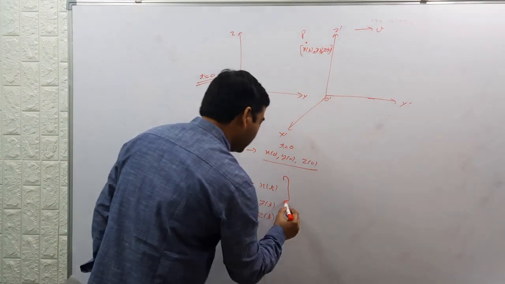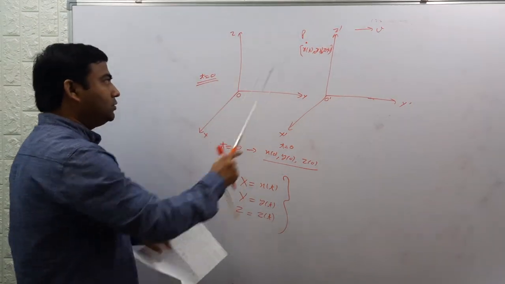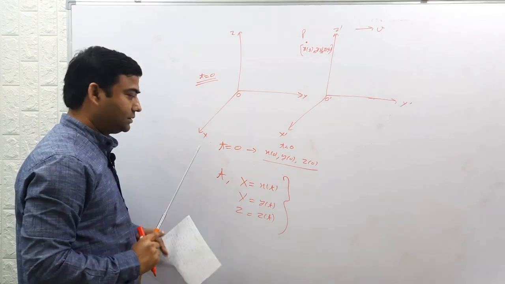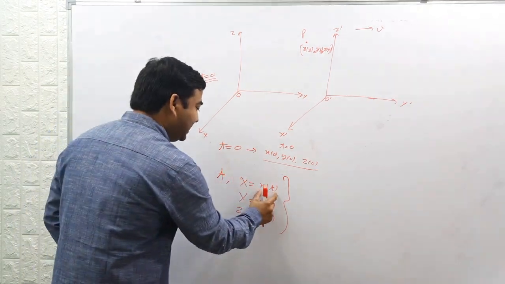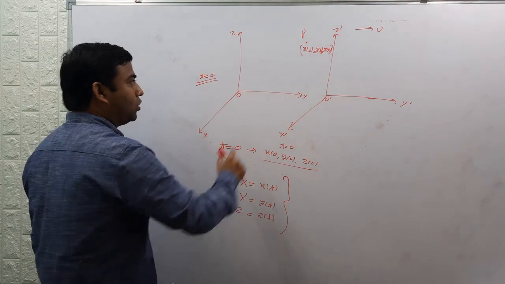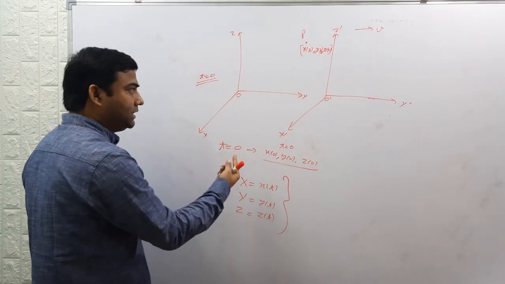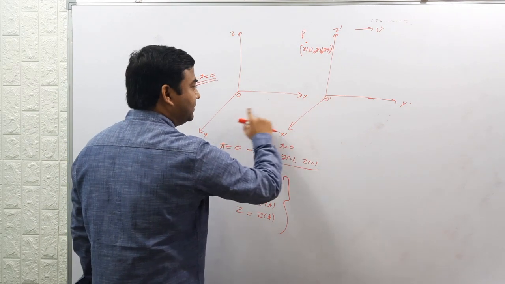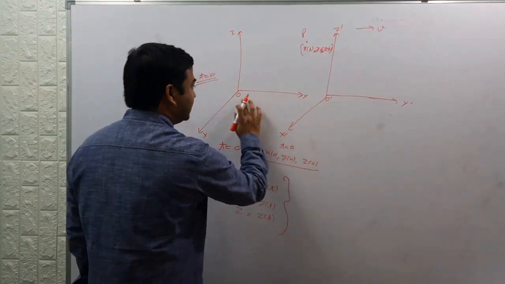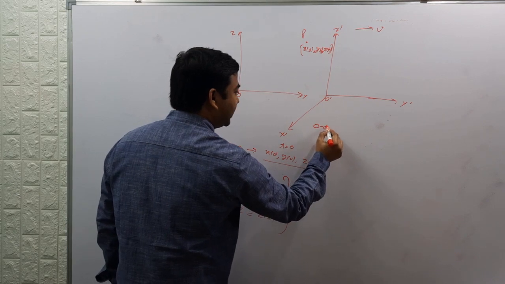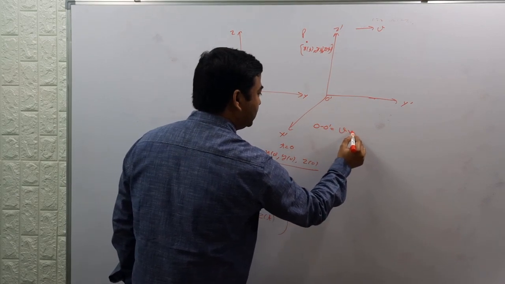Similarly, the coordinates of the same point with respect to this reference frame we have to find. So x(t) is the position of this point in this reference frame. In time t, this reference frame has moved a distance from O to O dash. O to O dash is equal to V into t.